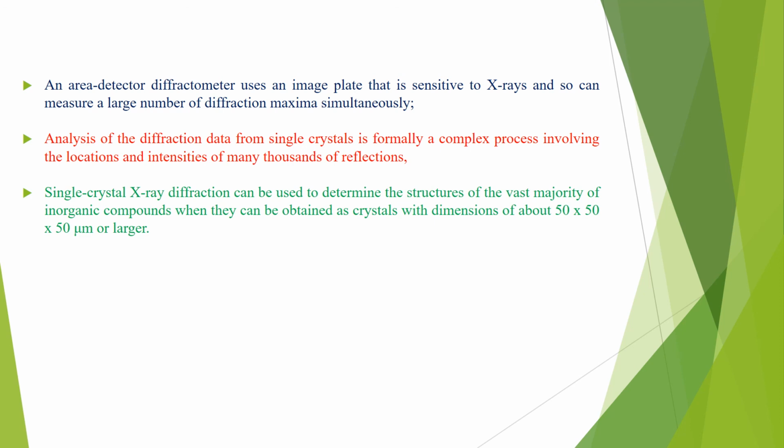An area detector diffractometer uses an image plate that is sensitive to X-rays and so can measure a large number of diffraction maxima simultaneously. Many new systems use this technology because the data can typically be collected in just a few hours.